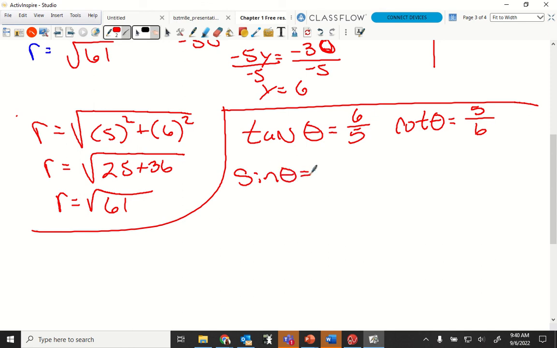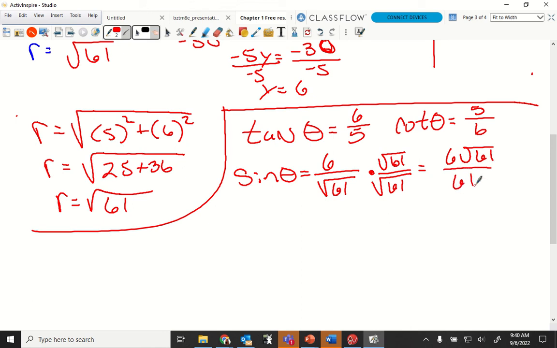My y value was 6, over the square root of 61, but you gotta rationalize it. So rationalizing, I'm going to multiply top and bottom by the square root of 61. So it's 6 radical 61 over 61. You guys agreeing or going too fast? All right, so we get 6 square root of 61 over 61.